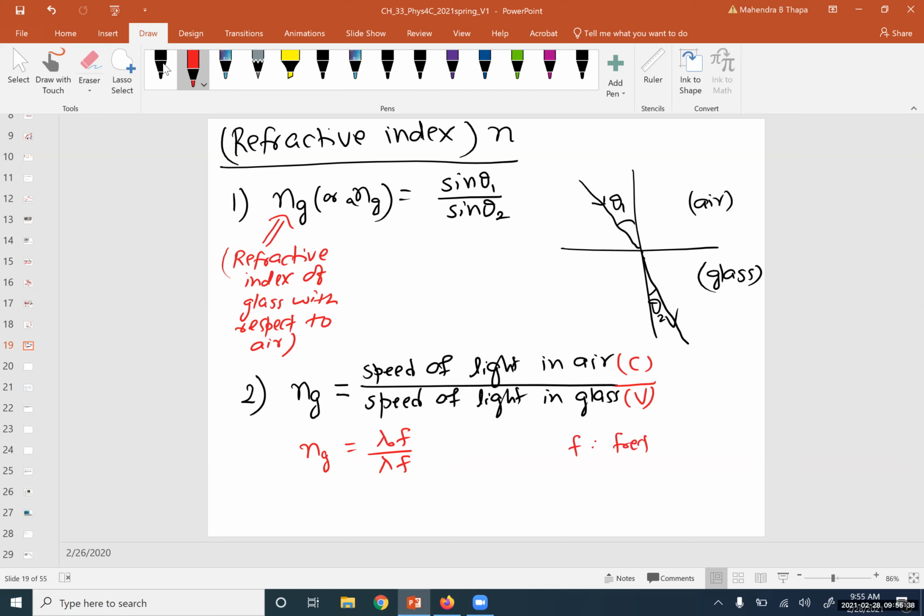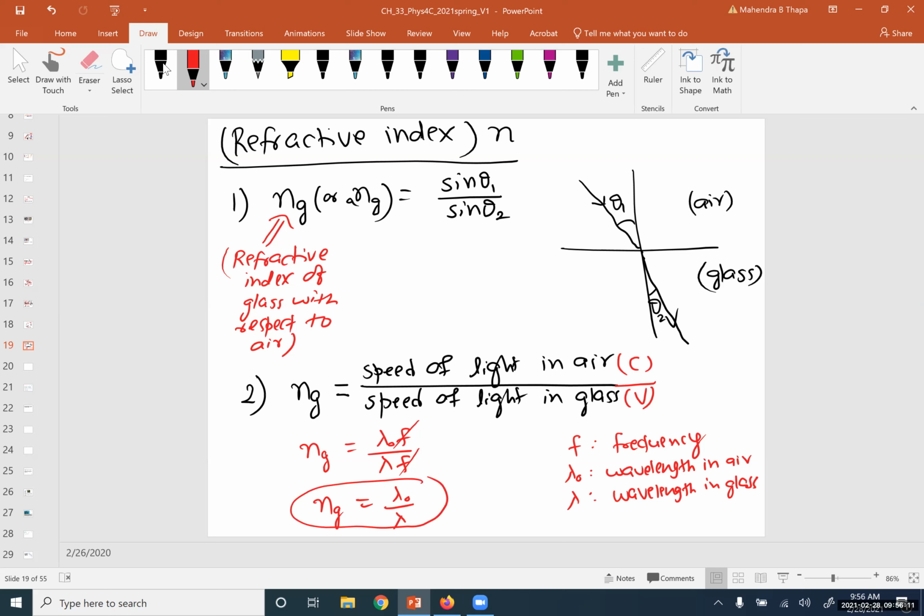The frequency will be the same in both media, lambda naught is the wavelength in air, and lambda is the wavelength in water or glass. The f cancels out, so the refractive index of glass is lambda naught over lambda. We can also plug in and get that number.